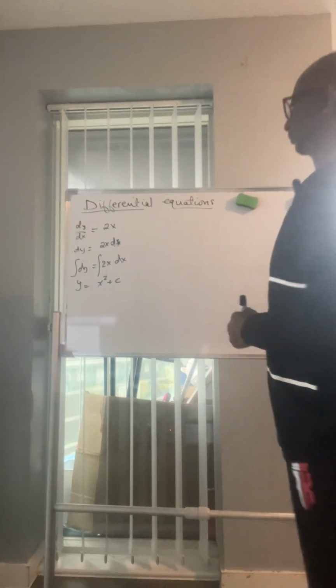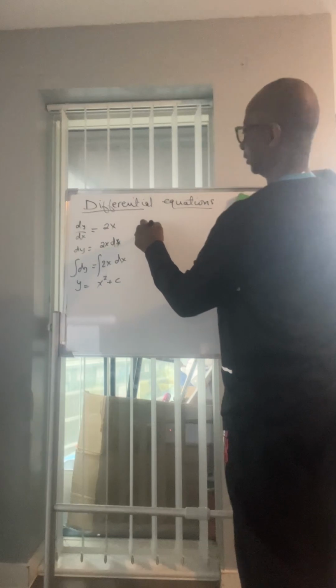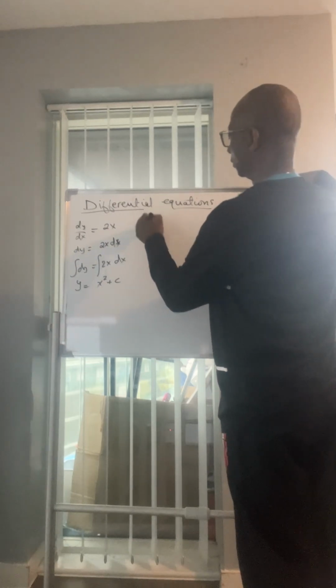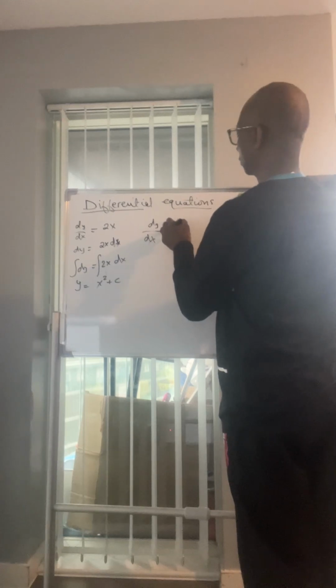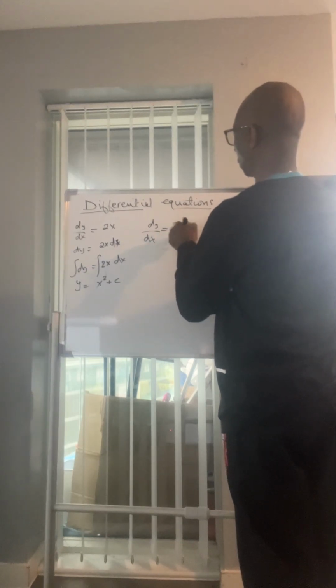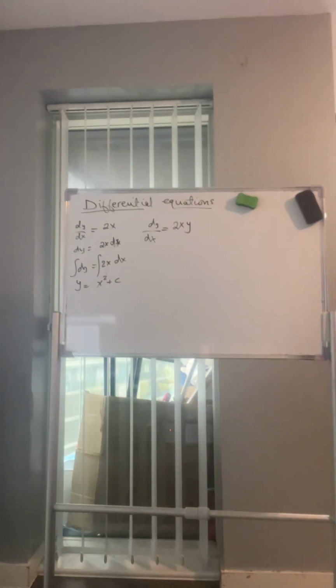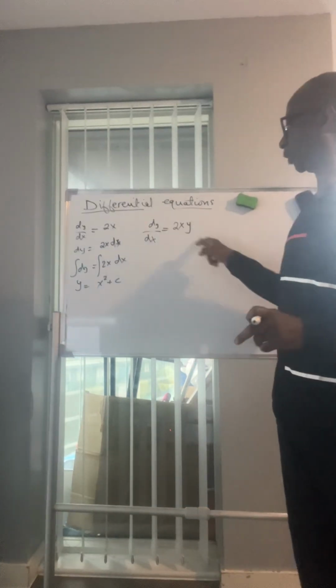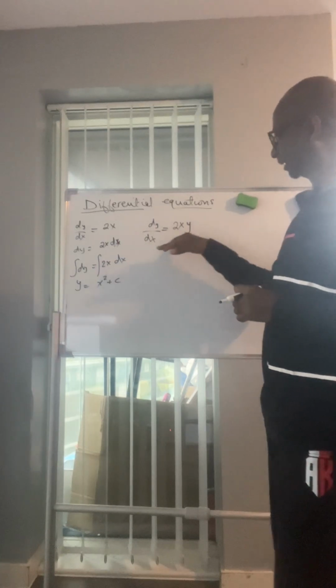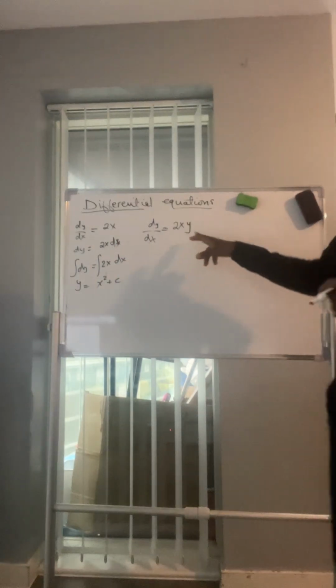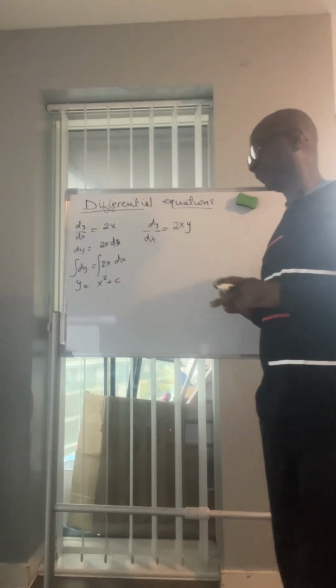Another method, say you are given your function like this: dy/dx equals 2xy. This was 2x, now it's 2xy. This again is an ordinary linear differential equation.